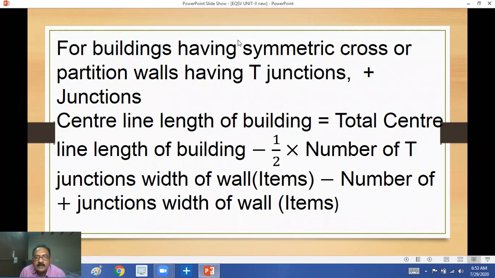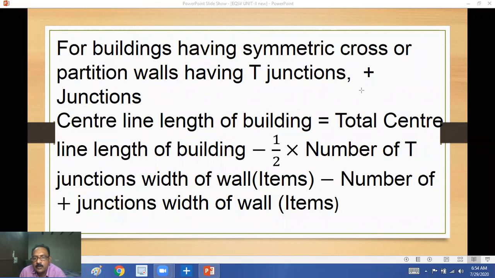Now, one more very important point you must remember. For a building having symmetric cross or partition walls, with T junctions and plus junctions.